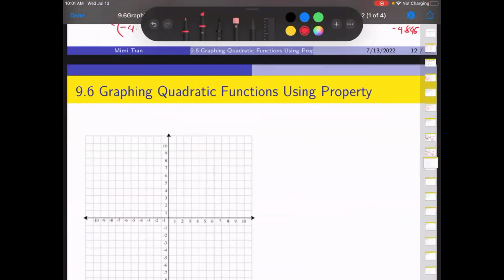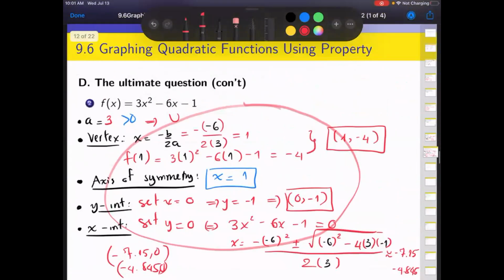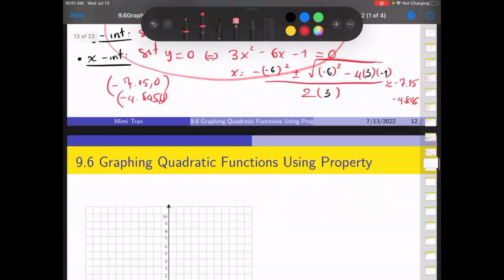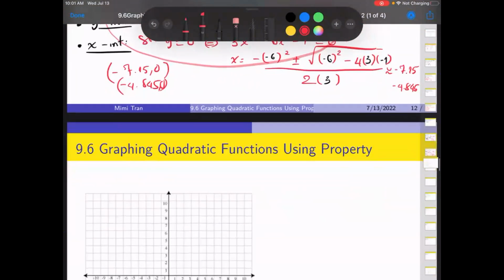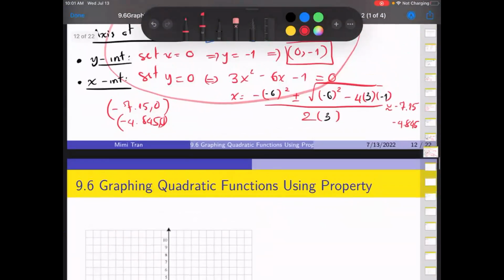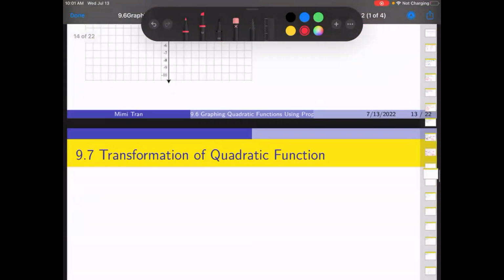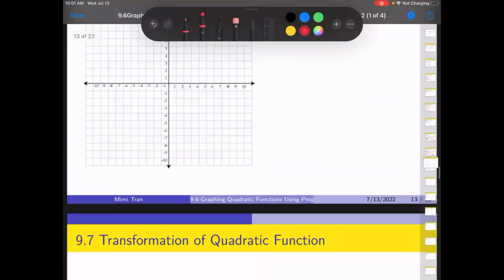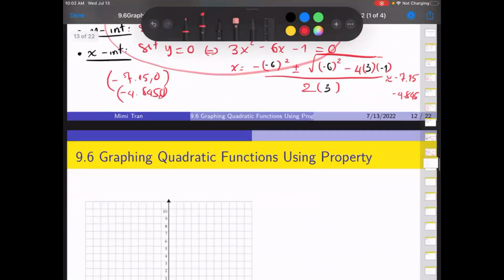You got 0 because you just used the graphing calculator to graph it, but your work has to match what you're graphing. All right, that's it for 9.6.